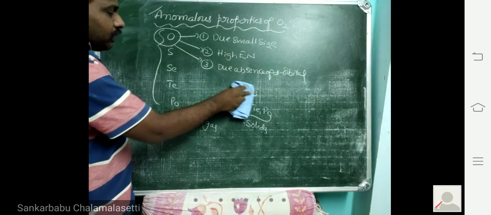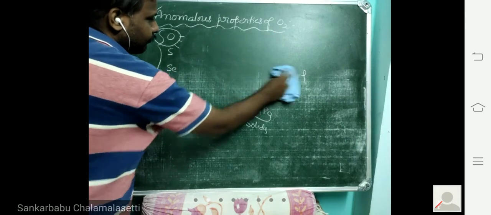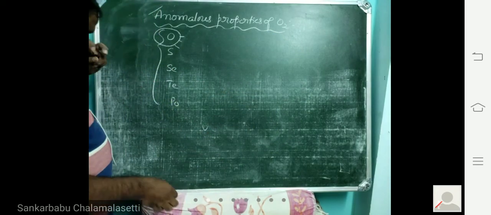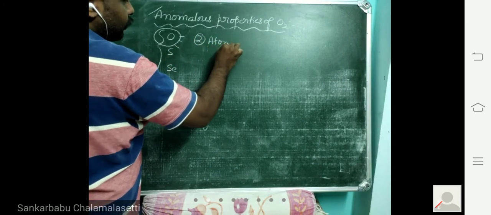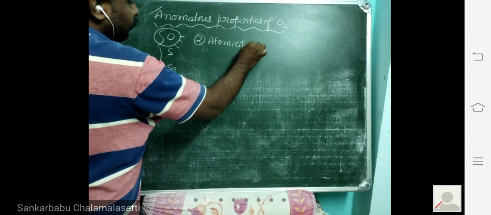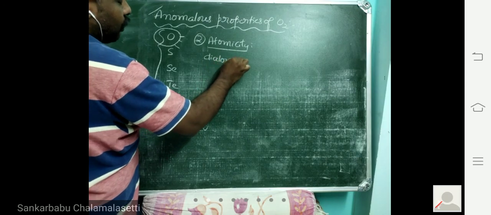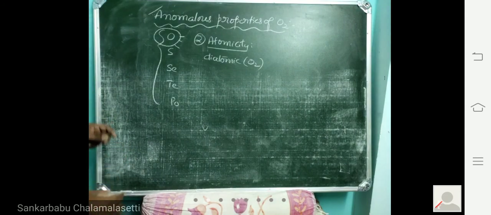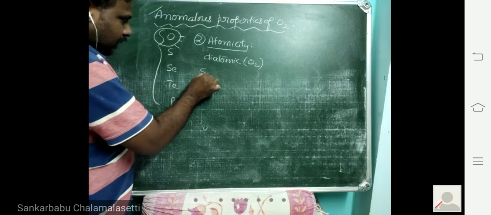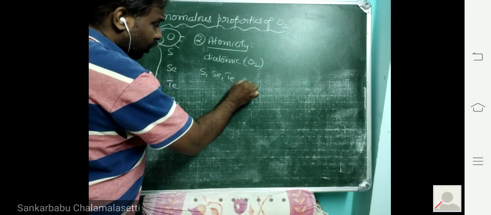And the second one is atomicity. Oxygen is diatomic. Two oxygen atoms are bonded with one another and it exists in the form of O2, whereas sulfur, selenium, tellurium are octaatomic.